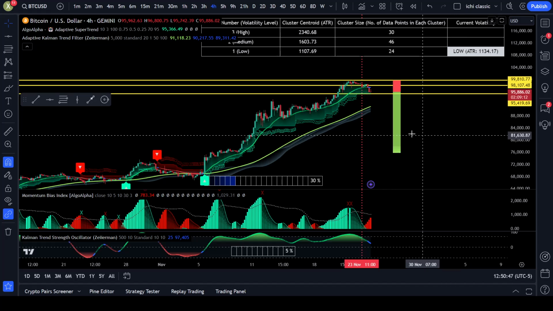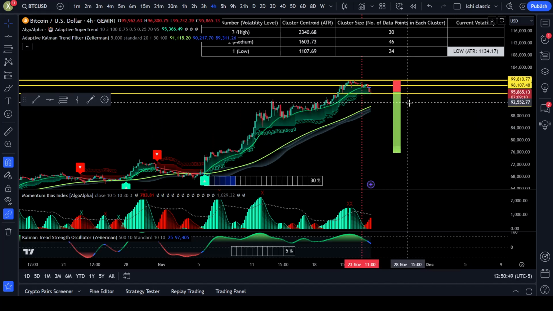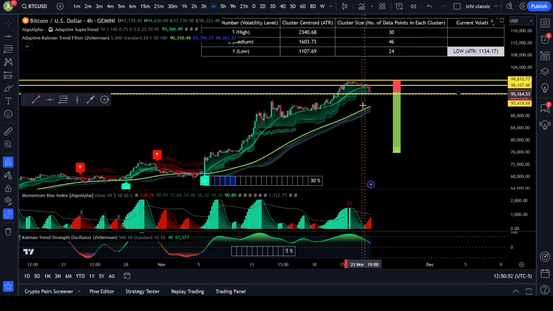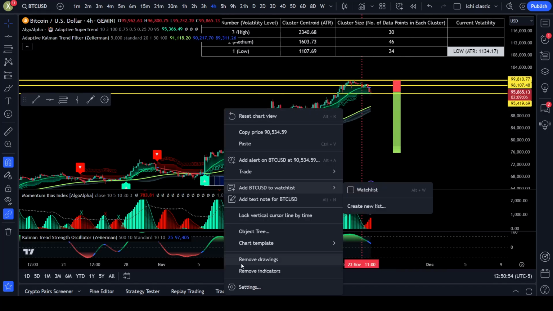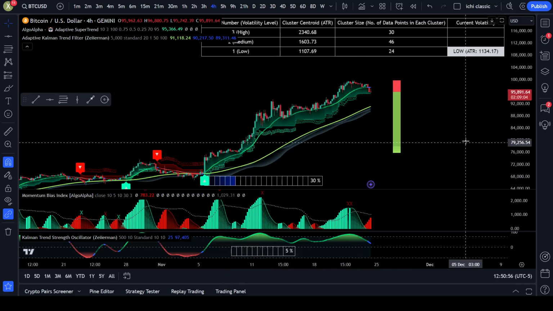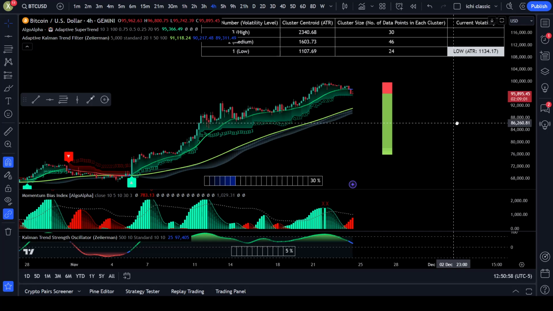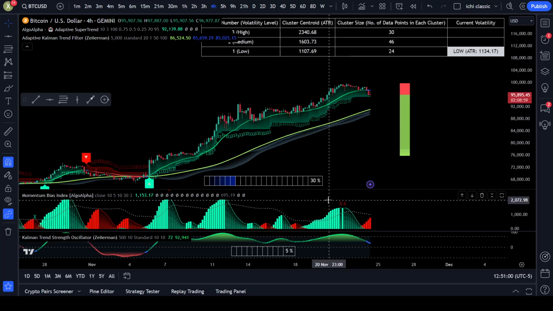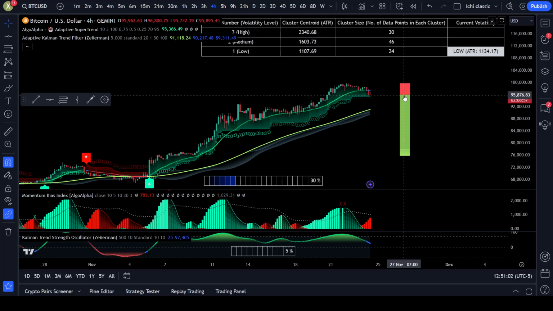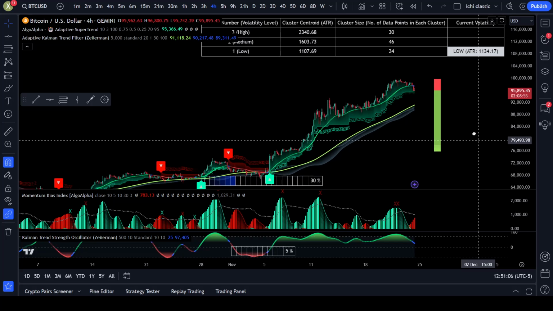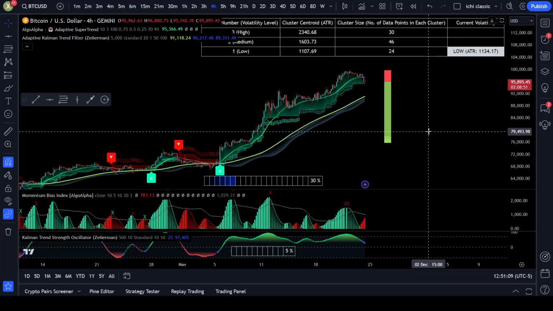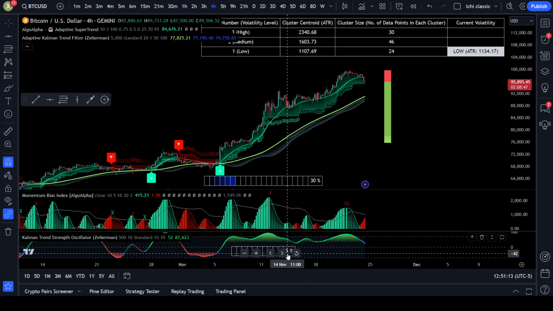So the 4-hour chart is telling us that, so this is from 15, so I'm gonna remove all these drawings. So when we are looking at this, we can see that it is bullish, still bullish, obviously. And right now we see that it's only 5% bullish.